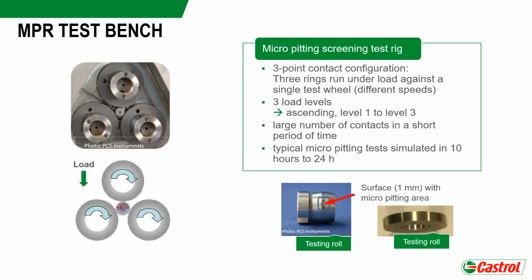So typically in a classical micropitting test rig, you have 6 times 80 hours endurance test stages, so quite a long time, and you get a similar effect in this test rig within 24 hours. So a great reduction in time. It kind of demonstrates already the stress that the surface is put to. Next slide, please.